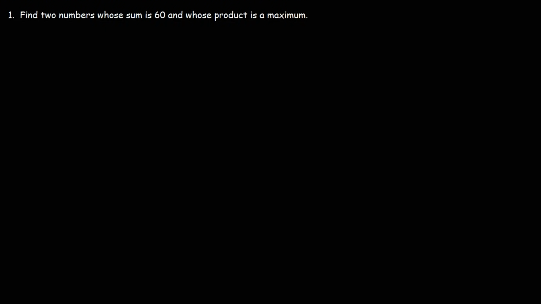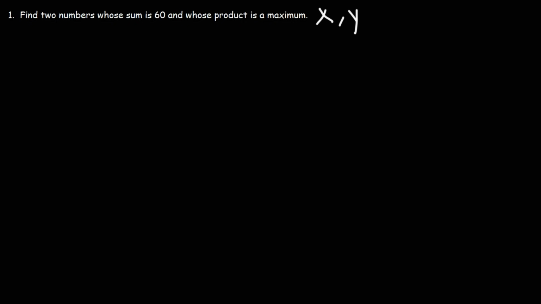Let's start with this one. Find two numbers whose sum is 60 and whose product is a maximum. So let's put some variables to these two numbers. Let's say that these two numbers are x and y. Now we have two variables. In order to solve for two variables, we need two equations.